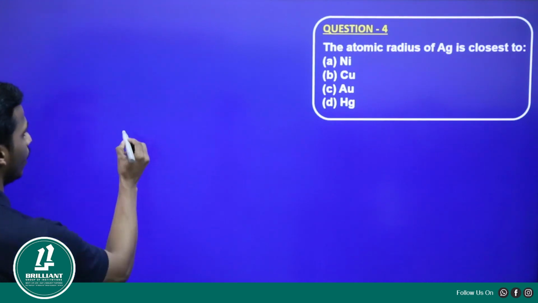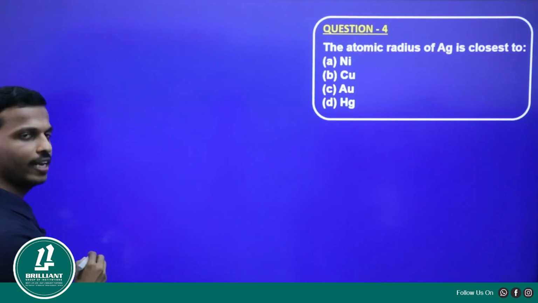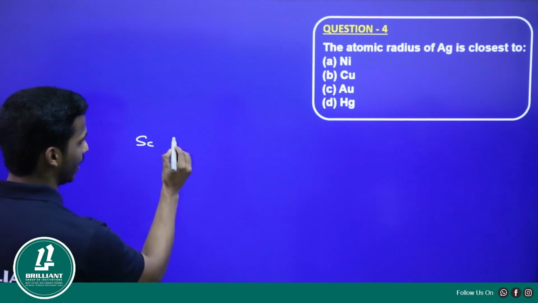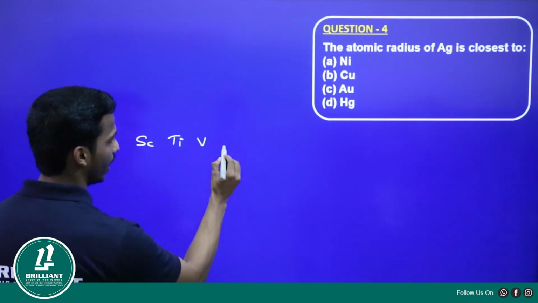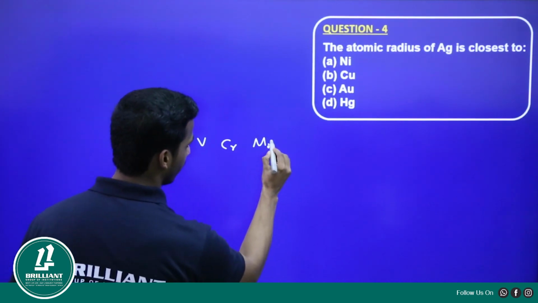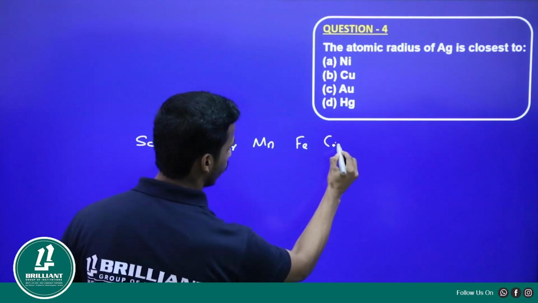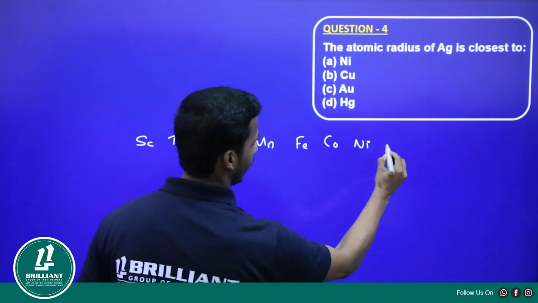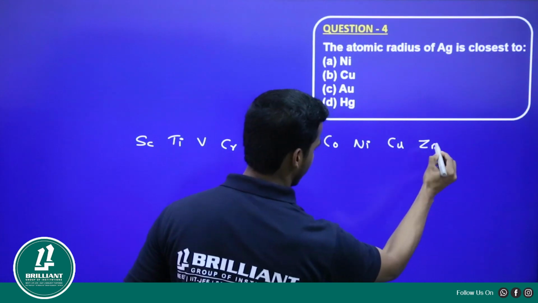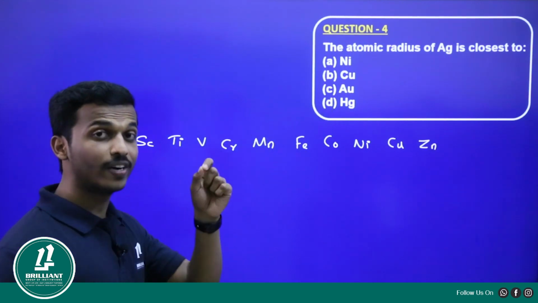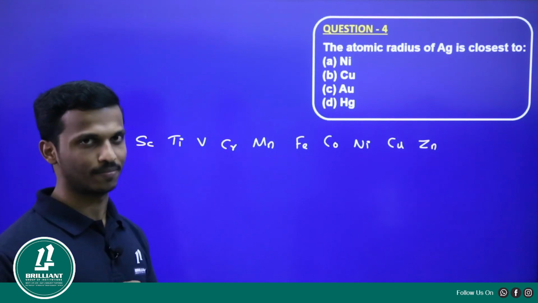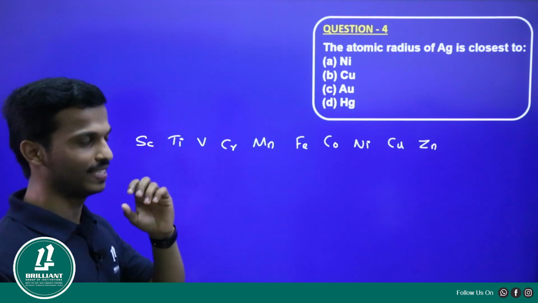Okay, let's write. The first transition series, let me write it. What are there? Scandium, titanium, vanadium, chromium, manganese, iron, cobalt, nickel, and we have copper and zinc. This is your first transition series, or it is called the 3D series.